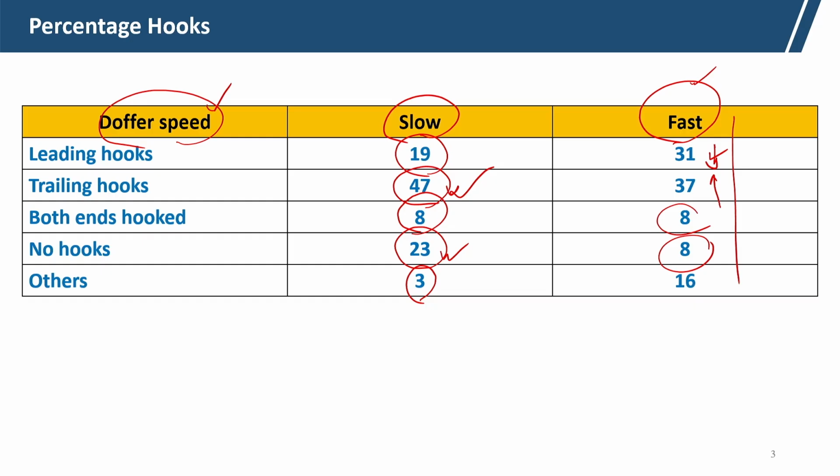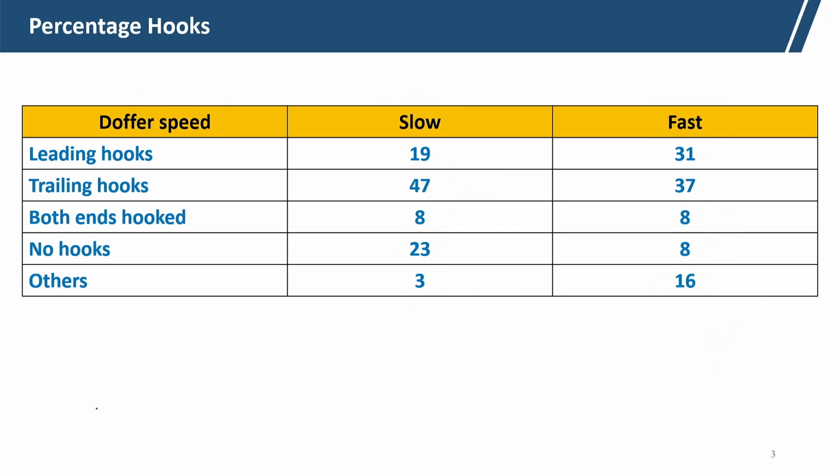Others also increase from 3 to 16%. That means when we increase the doffer speed, this other type of hook also increases significantly. You can see here how the leading hook and trailing hook proportions change at different speeds.